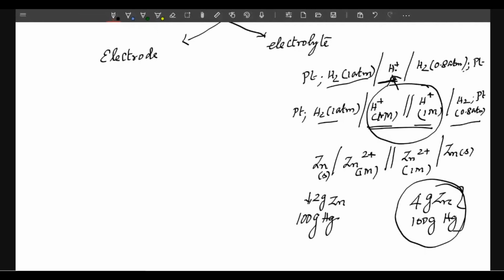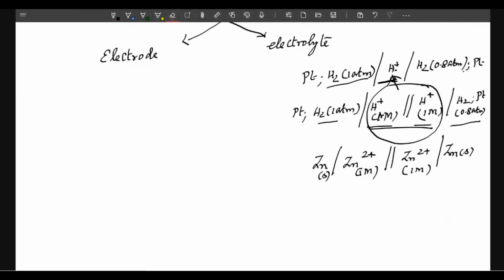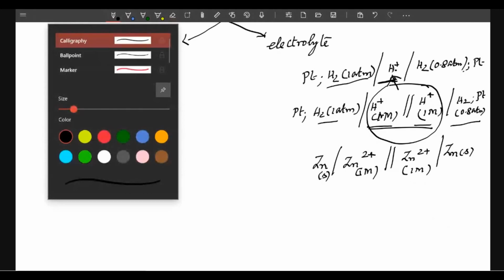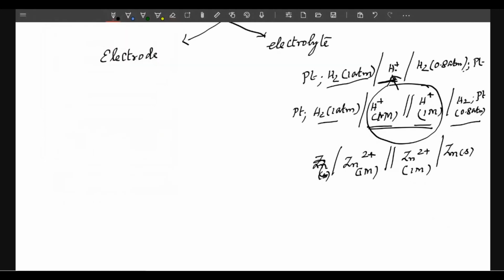Therefore, how do we represent a metal electrode concentration cell? Whatever metal you are using, you just convert it into amalgam: Zn within brackets as mercury, Zn(Hg). If you are using a lead electrode concentration cell, use lead amalgam, and the concentrations will be different.